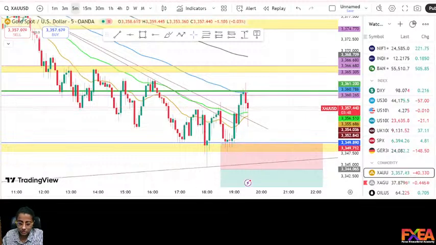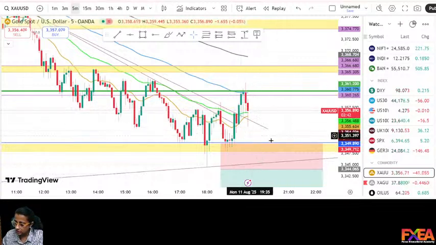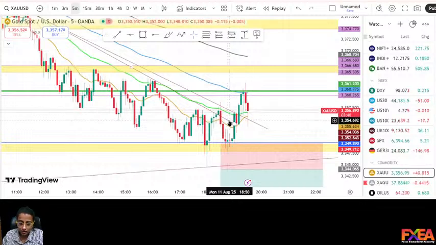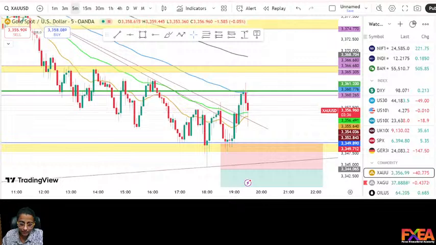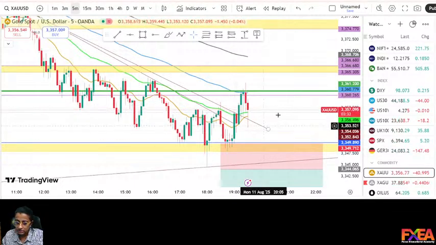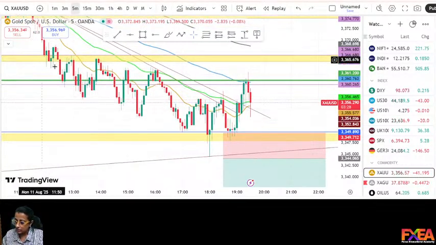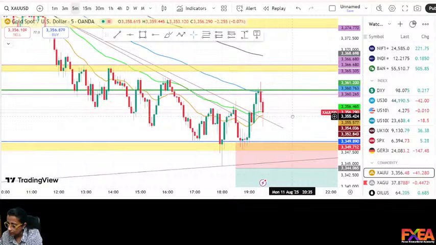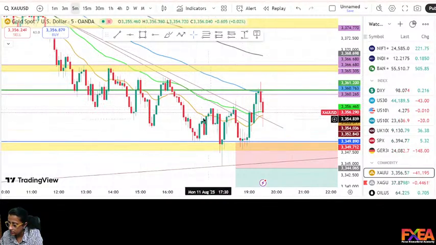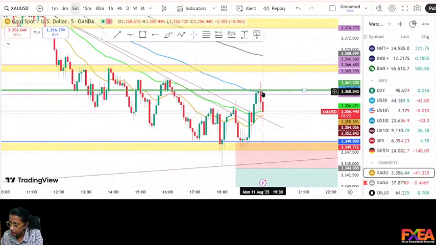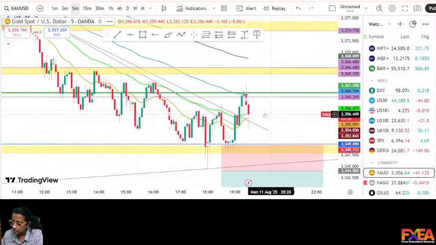If you notice, gold's multiple time frame CBs are located in this area, like the daily CB and the 5-minute CB, then the 5-minute elder brother, everything is located in this area. Let me go and see what is happening. So on gold's 5-minute time frame, it has respected the elder brother and it is coming down.